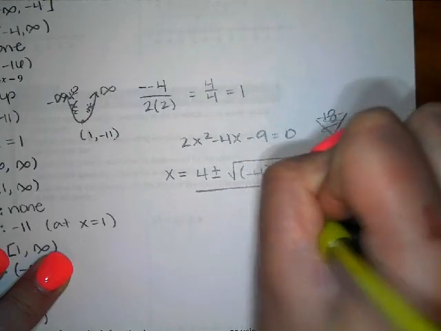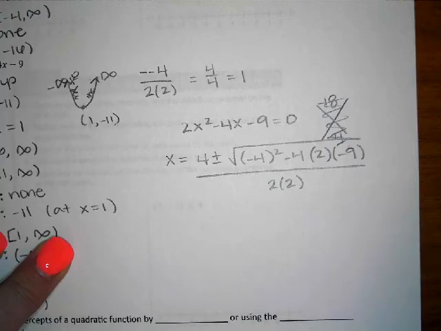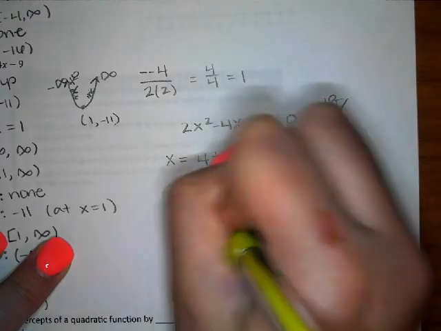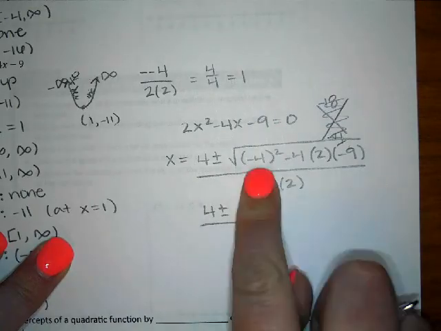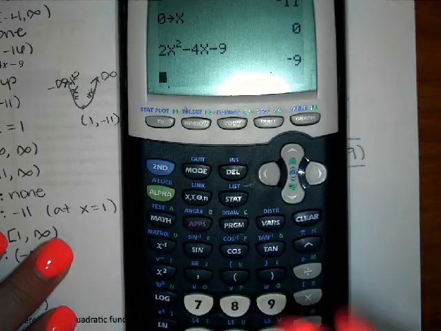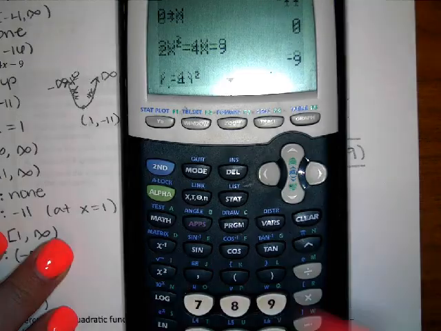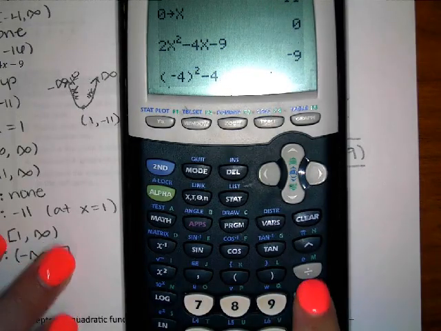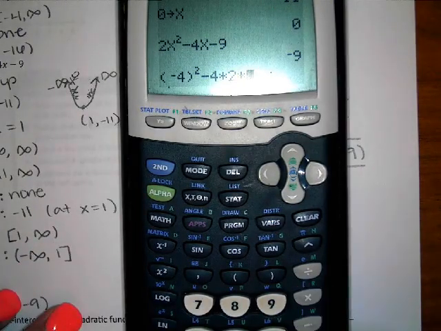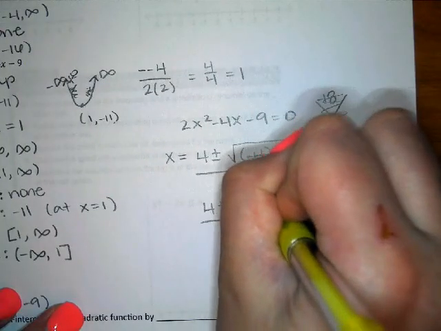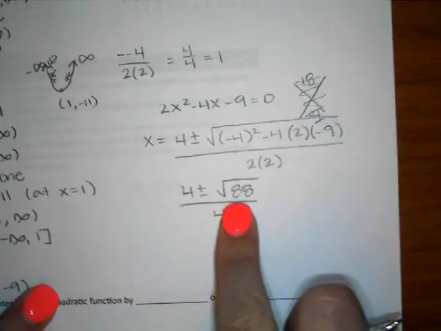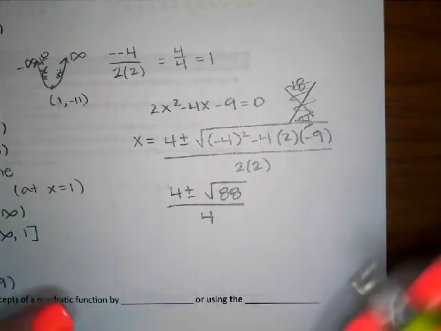Okay, so there's negative 4 squared minus 4 times a times c, 88. Okay, and then the textbook and my math lab, they prefer the answers to stay in this radical form, and they prefer for the radicals to be simplified.